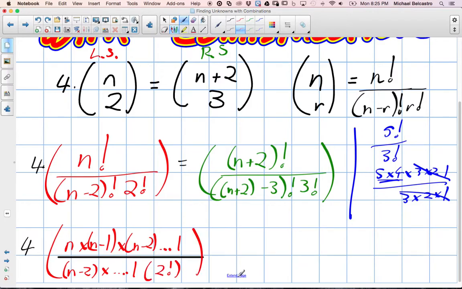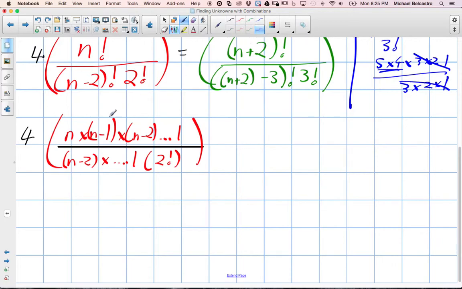The n minus 2 all the way down to 1 cancel out, so what's left on top is n times n minus 1.